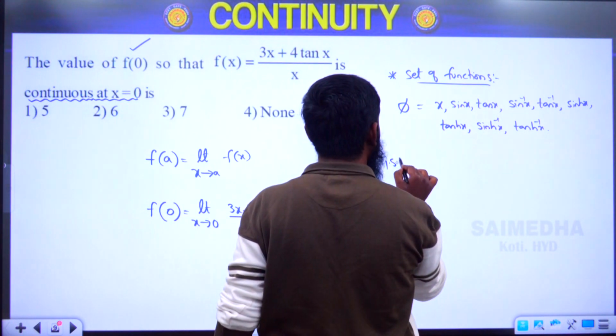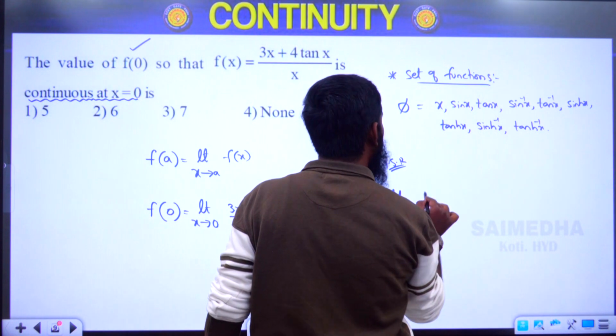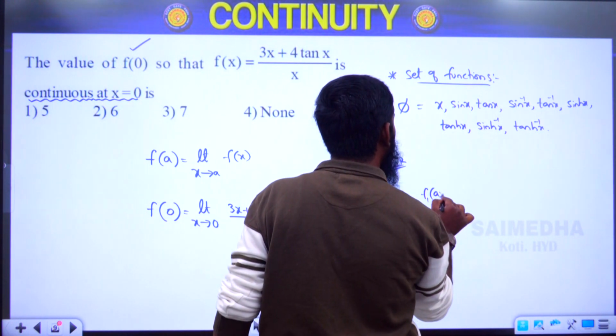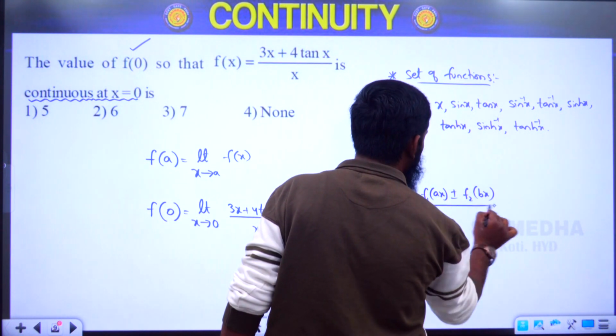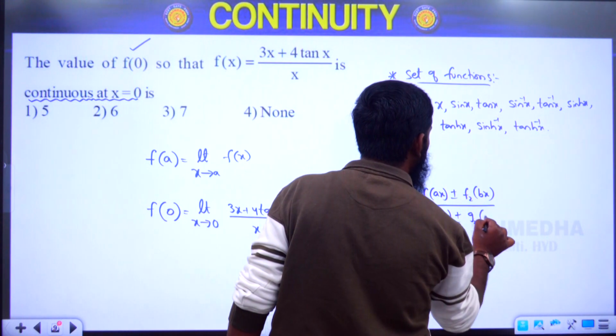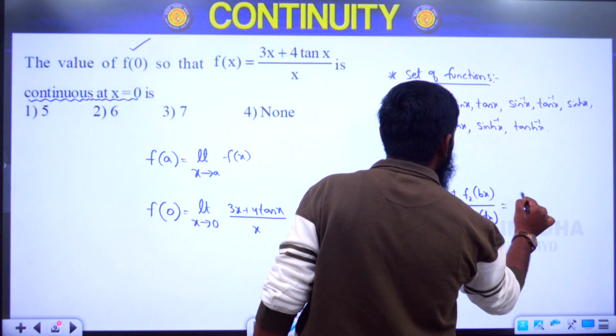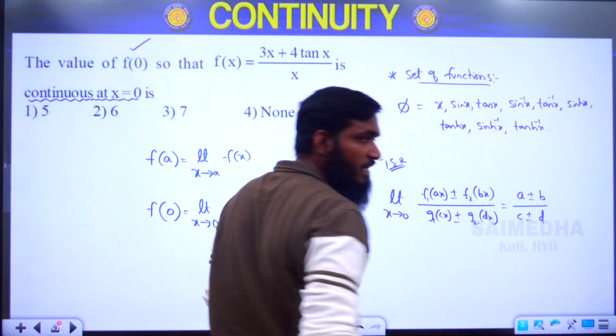What is that shortcut? Listen carefully. Limit x tends to 0, if you are having f1 of ax plus or minus f2 of bx divided by g1 of cx plus or minus g2 of dx, it is equal to a plus or minus b divided by c plus or minus d.